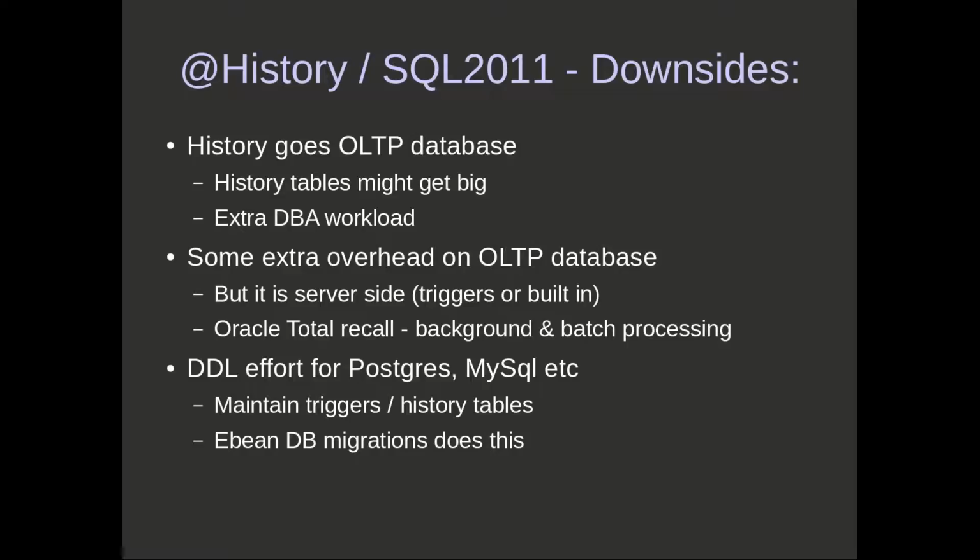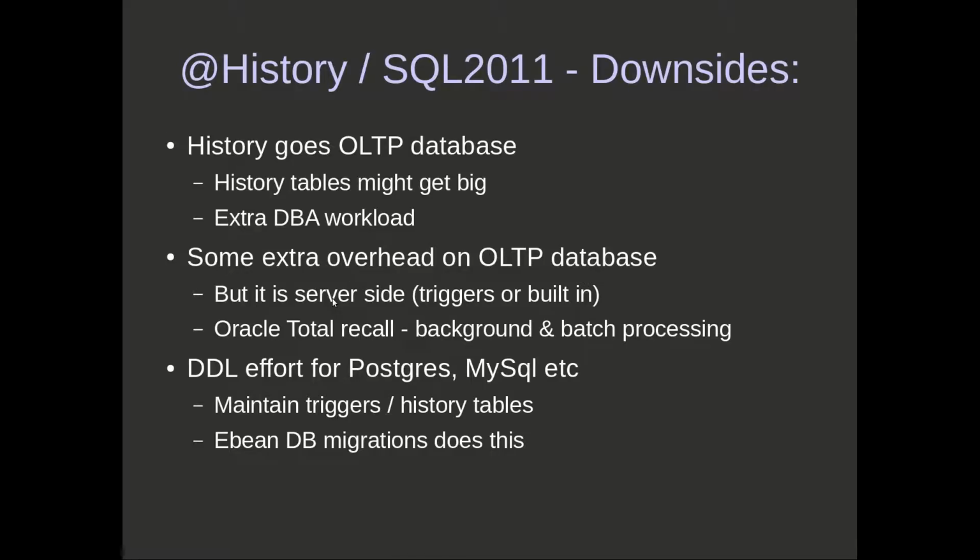Downsides. Well, the history is going into our OLTP database. So when the history tables get big, if they're going to get big, then that's going to be a problem in terms of, well, we need to start thinking about archiving them, etc. We are putting extra load on the DBAs. Then they're not free, so we're having extra overhead for our OLTP database.